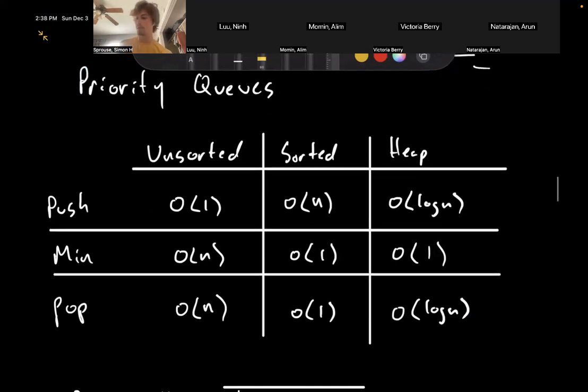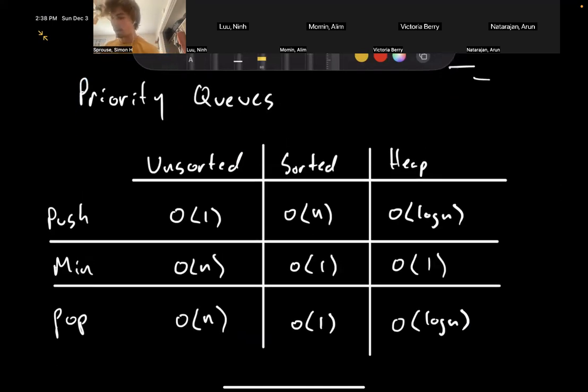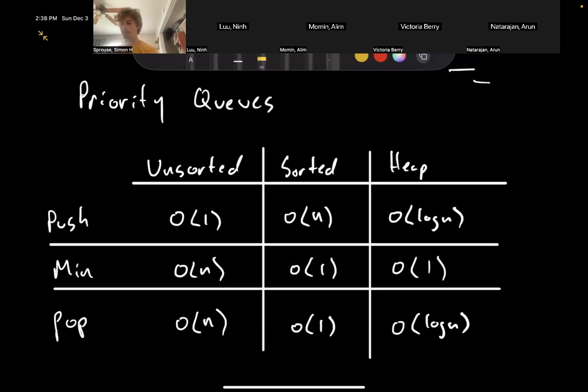Okay, anyways, so a priority queue can be implemented based on an unsorted array, a sorted array, or a heap. And the only requirement to be a priority queue is you have to store all the data, and at any point in time, you have to be able to accept an incoming element and push it somewhere in your data structure. It doesn't matter where. And at any point in time, you have to be able to return the minimum element or pop it and remove it from the structure.